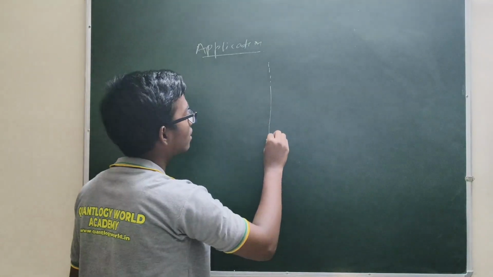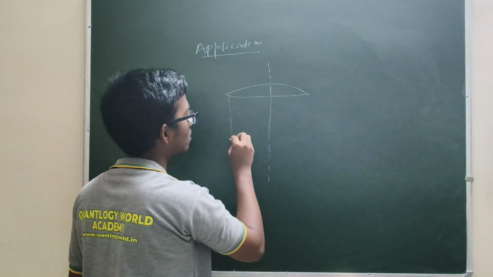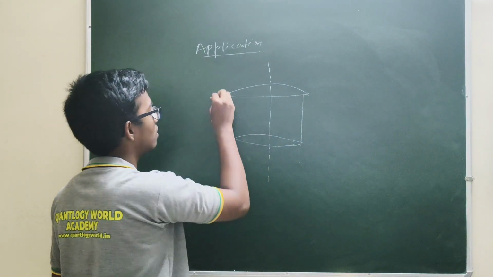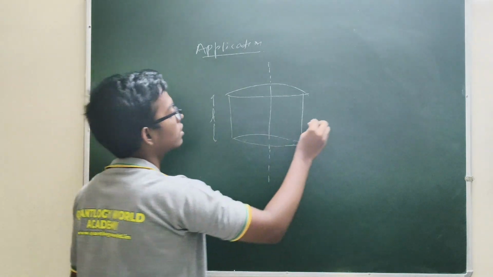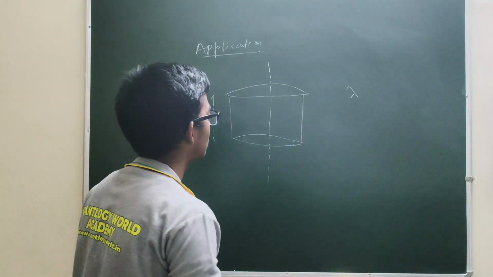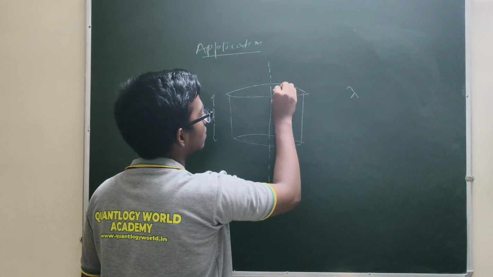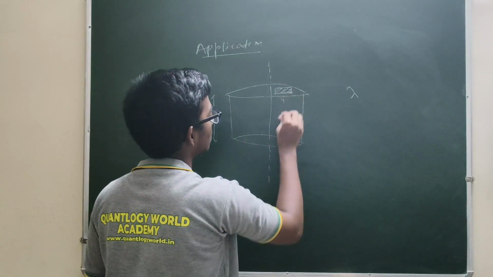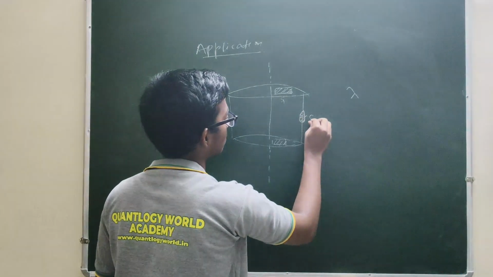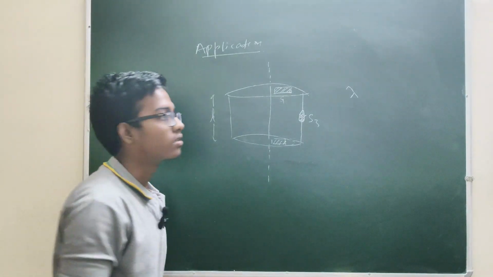If we take an infinitely long charged wire enclosed within a cylindrical Gaussian surface of length L and having linear charge density of lambda, then what will the electric field be? If we consider three surfaces, that is S1, S2 and S3, then the net flux enclosed will be the sum of the flux through all the surfaces.